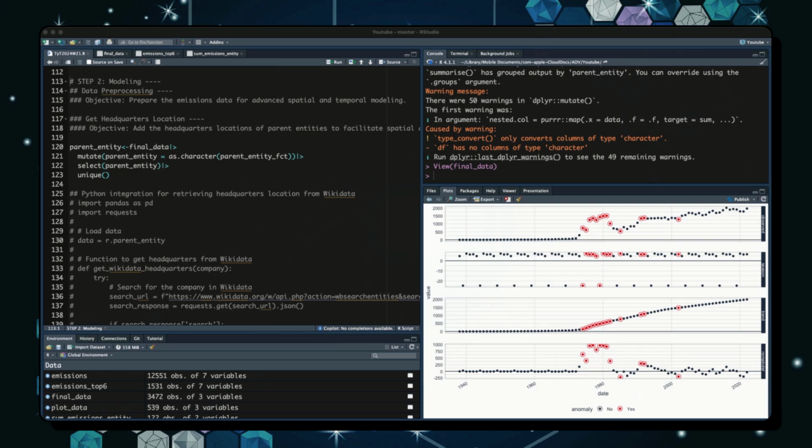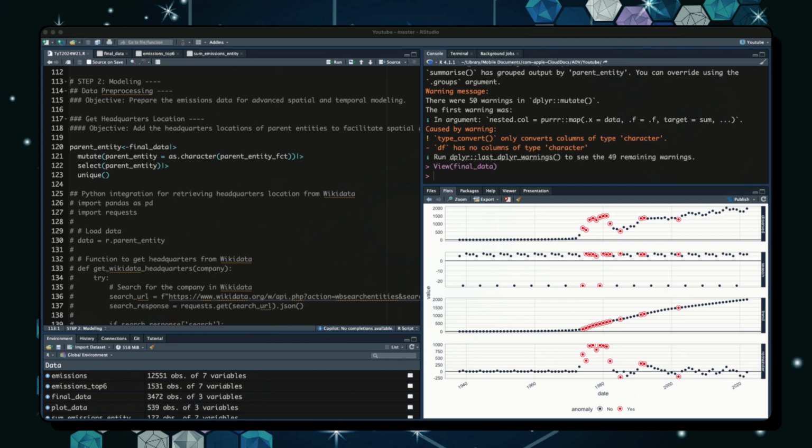Probably in this case that wouldn't have changed much the result of the model of our study case, because we are looking at only 50 locations over the world. So it's easy to assume that they are too far apart from each other to really have an influence on one another. But I want to create a map at the end of this, so I want to show you a proper way to create a spatial-temporal model. So we need some GPS coordinates.